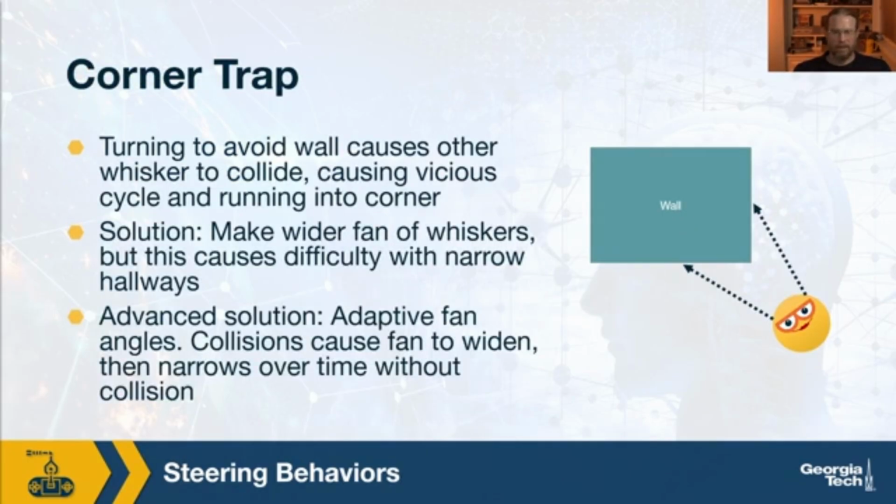Unfortunately, this is susceptible to problems, most notably the corner trap. You can have a scenario where the left or right whisker, when the ray is cast, an intersection is found, and it triggers a movement in the opposite direction.